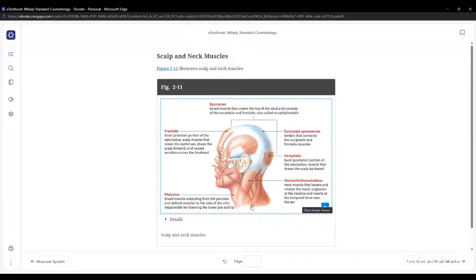So you can say your chin, your neck, that wide muscle connects to the breastplate, the breast area, and also across the shoulders. Okay. It helps lower the jaw and lip. That's a big old muscle. And it lowers the jaw and it lowers the lip. Okay. So those are the scalp and neck muscles.